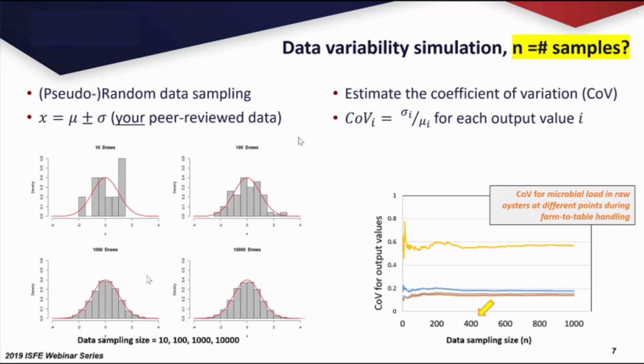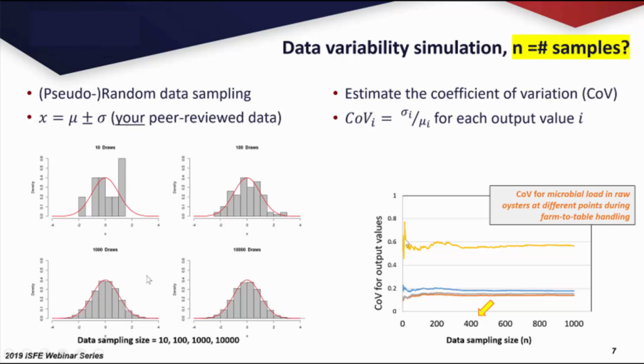You can calculate the coefficient of variation of that output data for different sampling sizes. At the beginning it is fairly noisy, but as the sampling size grows, in this case to 400, you can see it becomes more and more stable.